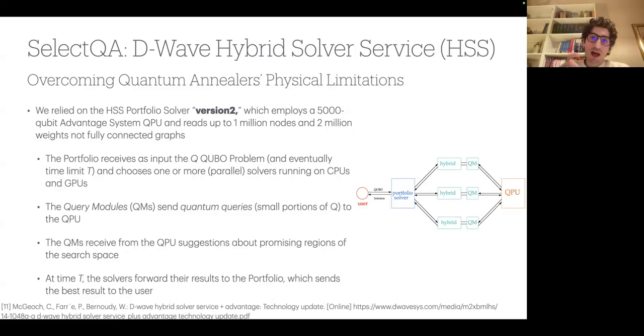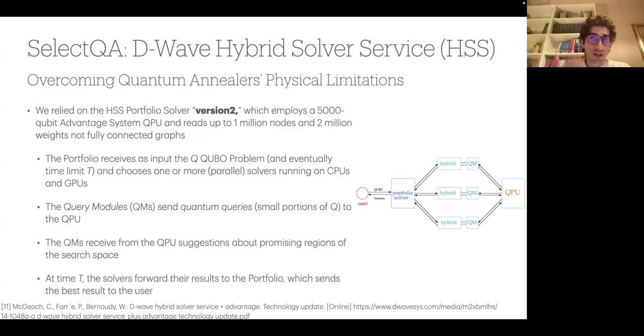Each of the solvers has its query module that continuously sends through quantum queries a small portion of the QUBO problem to the QPU, small enough to be solved directly by the QPU, which replies through the query module to the classical solvers about promising regions of the search space to find the optimal solution.